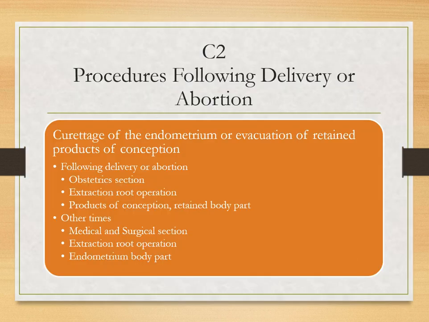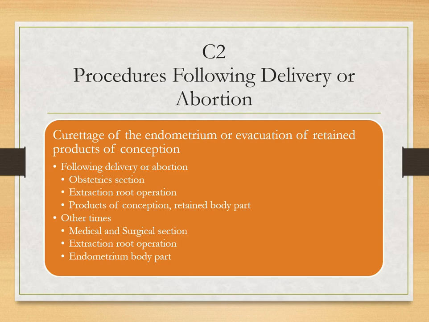C2, procedures performed following a delivery or an abortion for curettage of the endometrium or evacuation of a retained product of conception are all coded to the Obstetrics Section to the root operation of extraction and the body part value of products of conception retained.